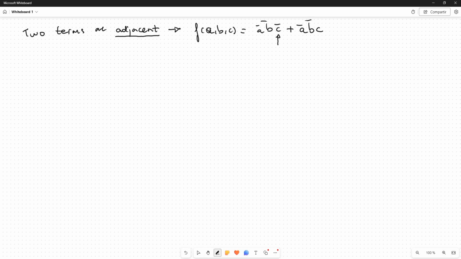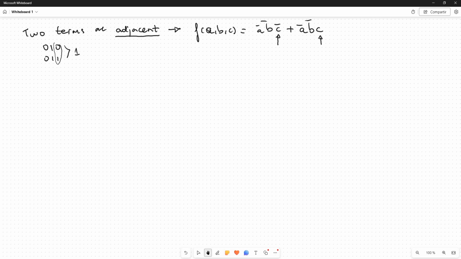C is complemented here and uncomplemented here, so they are adjacent. We can see it as those terms for which the distance is 1. Remember that the distance between 2 numbers is a concept that we showed in topic 4. It is how many different bits the numbers have. So here the distance is 1 because they only differ in 0 and 1. This is the same for these terms.